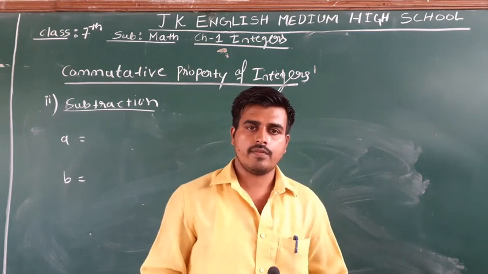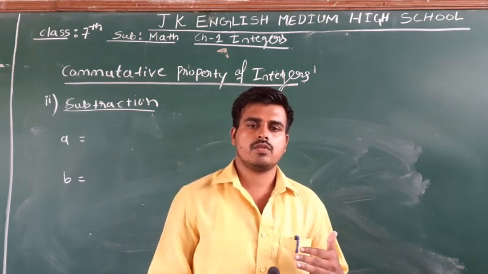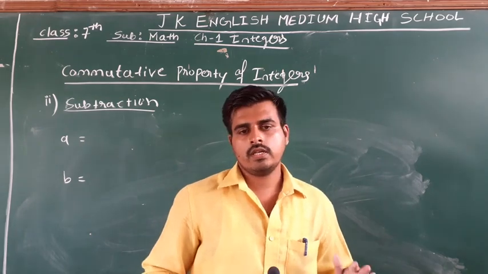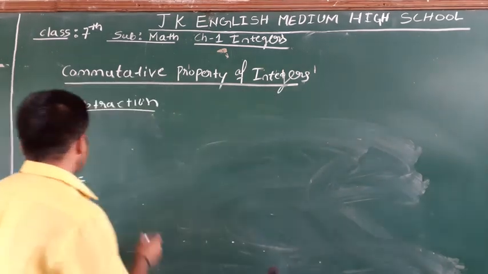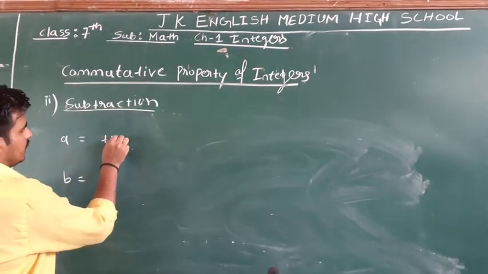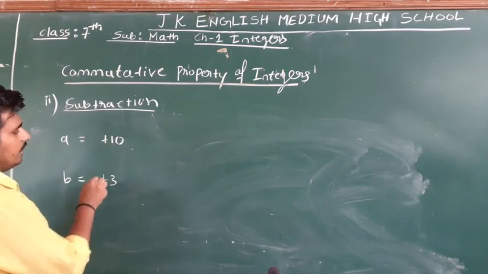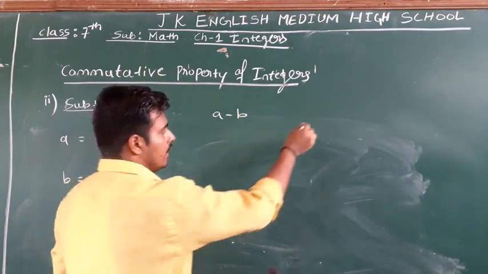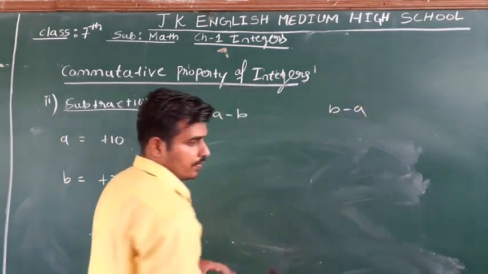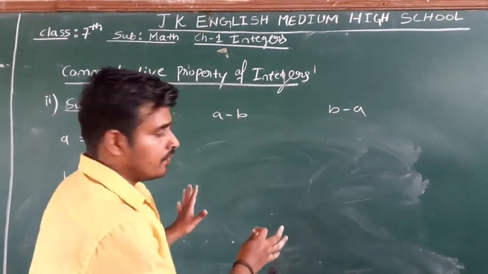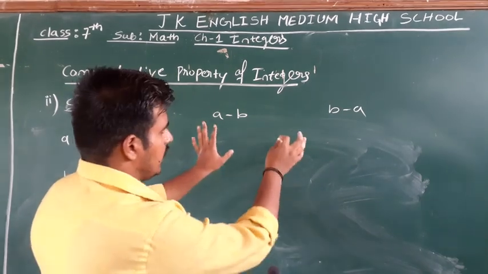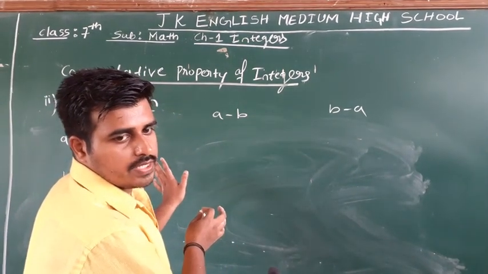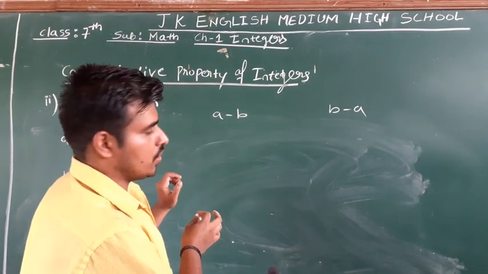If your answer differs, then integers are not commutative under subtraction. Let us choose any two numbers. I choose plus 10 and plus 3. So I have to check A minus B and B minus A. Only if LHS and RHS are the same can I say integers are commutative under subtraction.